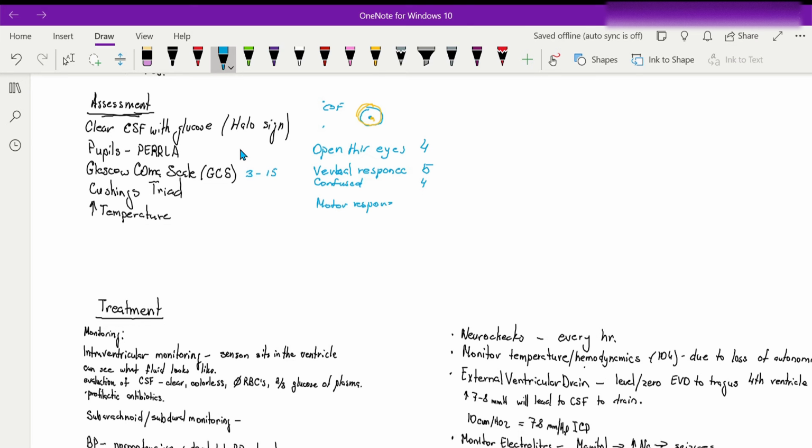If they follow the commands, they get 6. If they withdraw to pain, then it is 4.